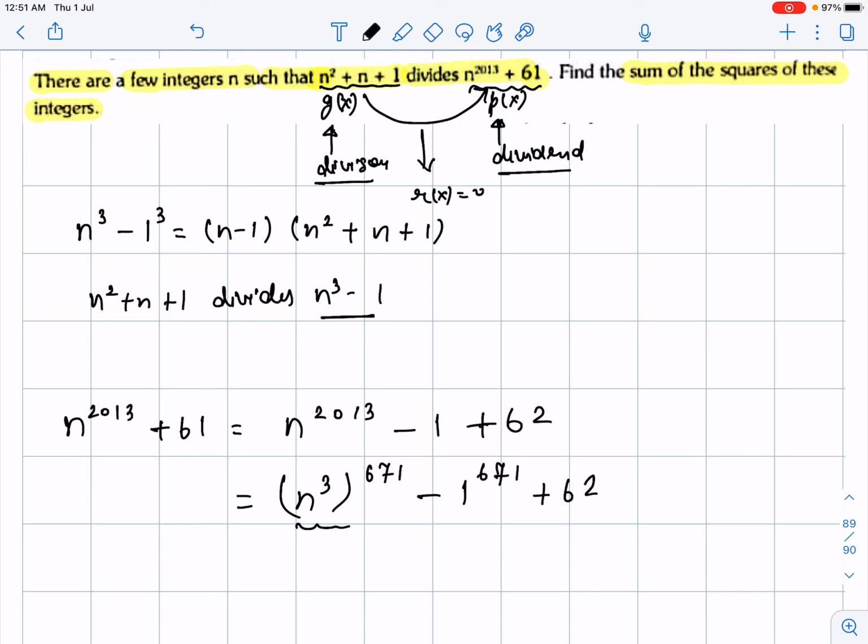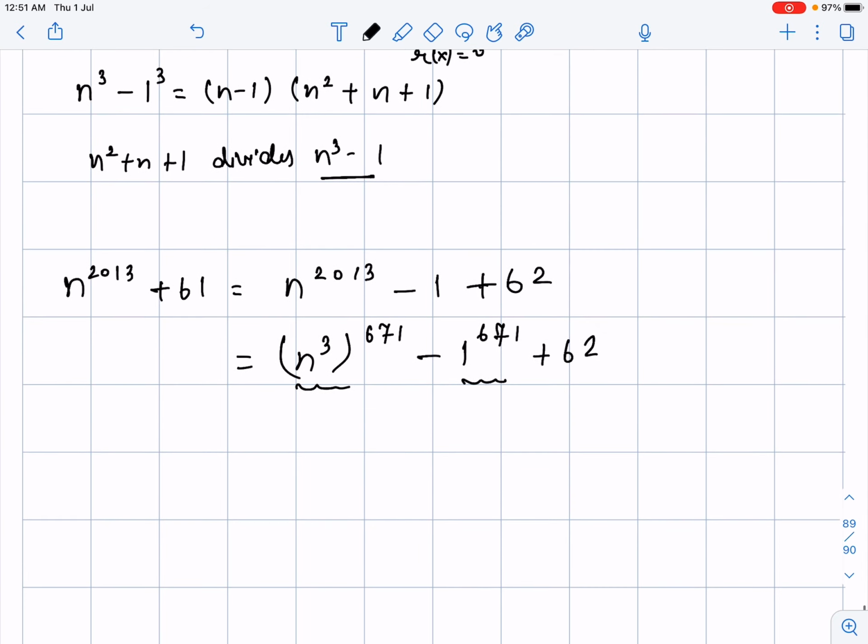So we do know the identity of x power n minus y power n. So definitely x minus y is a factor of x power n minus y power n. That means n cube minus 1 will be coming over here, multiplied by a constant quantity, plus 62 will be written over here. Now what is the most important thing, guys? n square plus n plus 1 divides n cube minus 1.